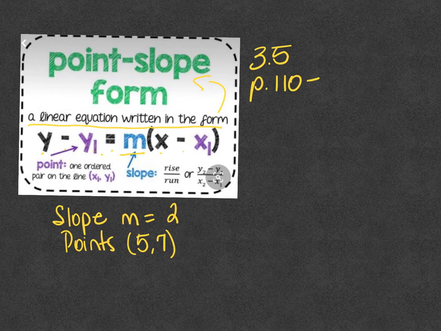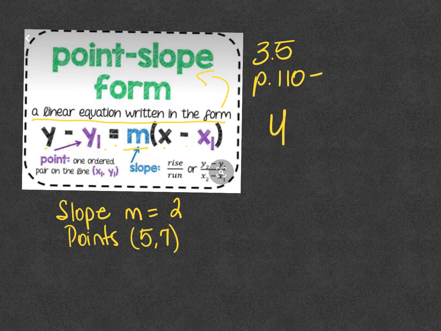So let's pull this up here. Remember, you have y minus y1 equals m times x minus x1.